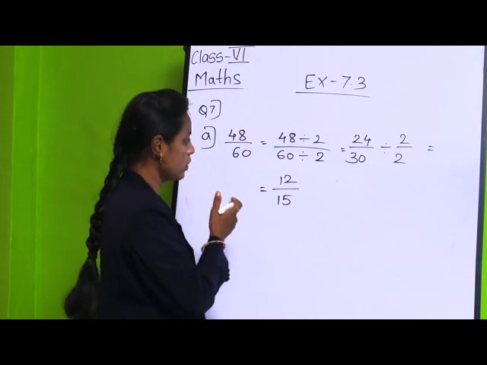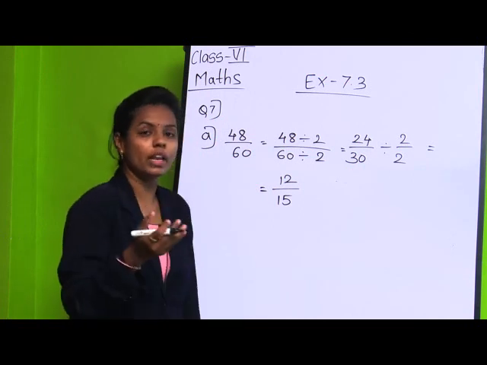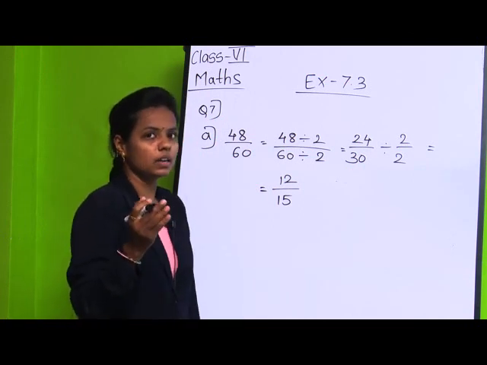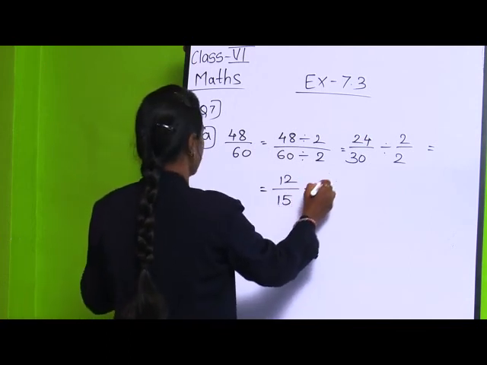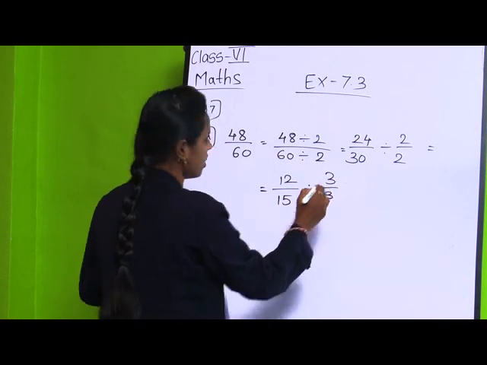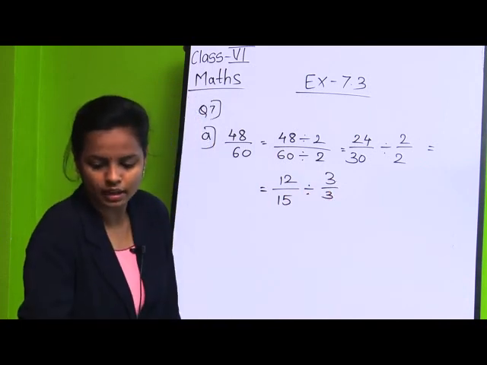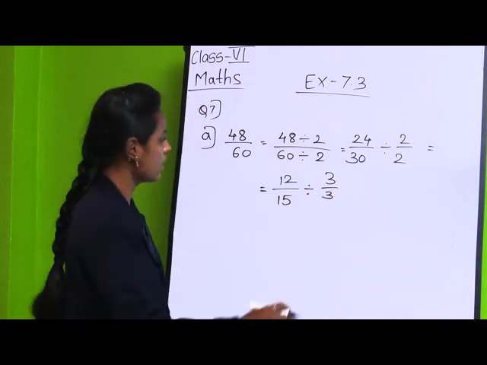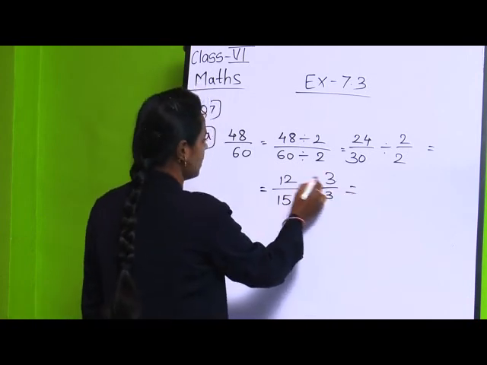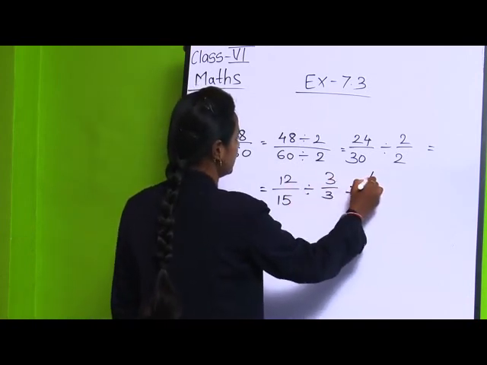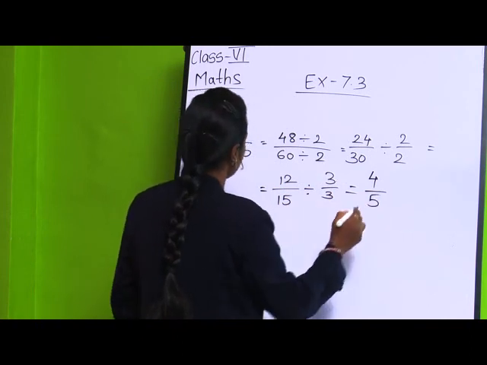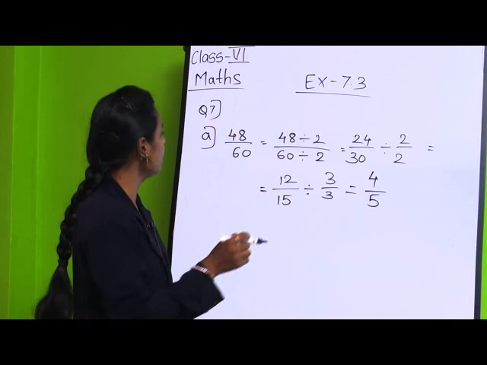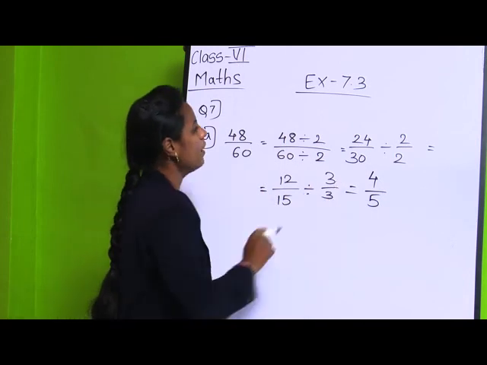Still this 12 and 15 can go in a particular table, that is 3. So let us divide it by 3. See, again we have 12 divided by 3, that is 4, and 15 divided by 3, that is 5. Here we got the lowest term, that is 4 by 5.